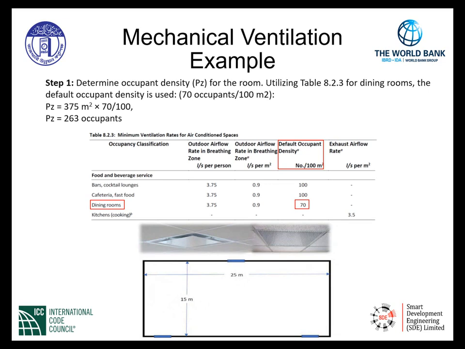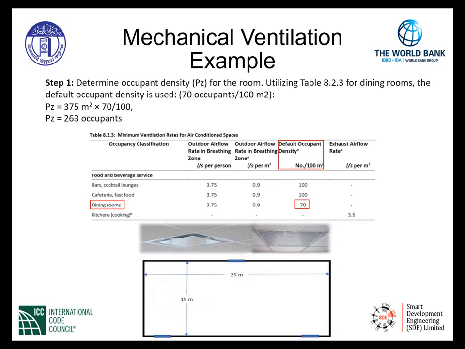Viewing the table below, as you can see, the category here of occupant classification is food and beverage service. The space that we will be utilizing for our calculation is dining rooms. And moving over to the fourth column, the value 70 is our default occupant density, 70 occupants per 100 square meters. So we will pick that first.